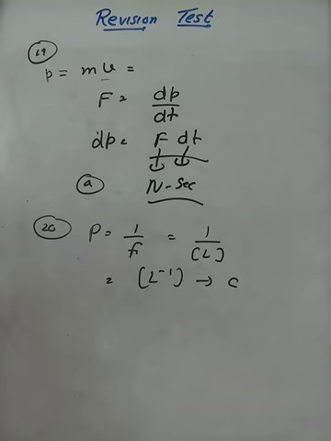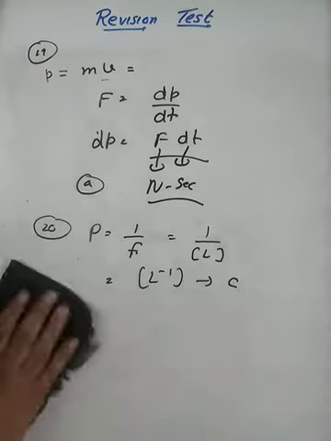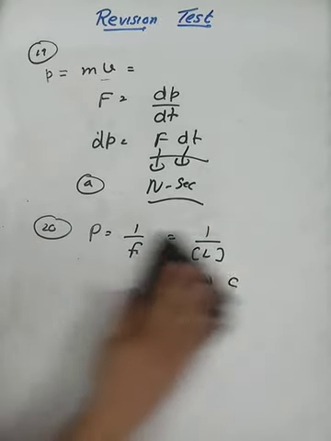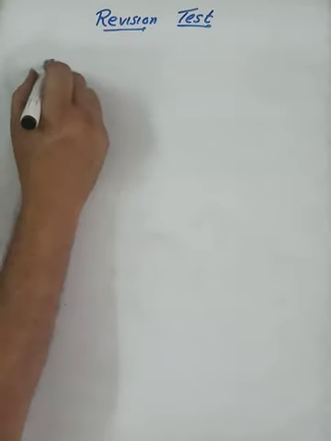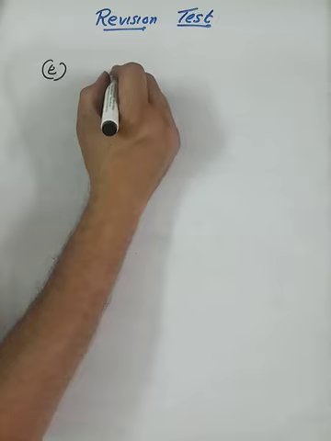Now I have some doubt in question number 8. We come back to question number 8. In all the other questions I found no doubt or problem, but I have some doubt in question number 8.